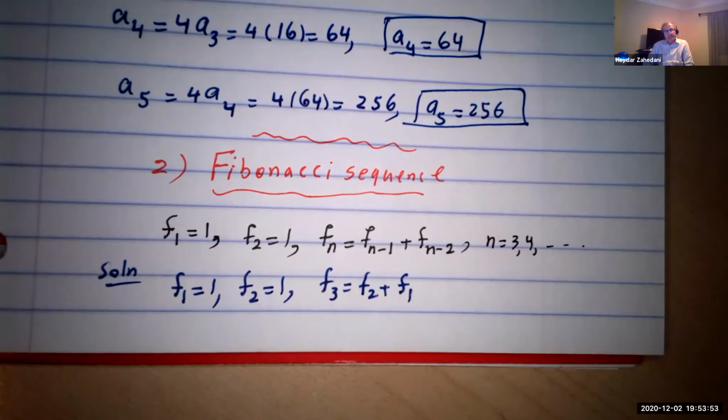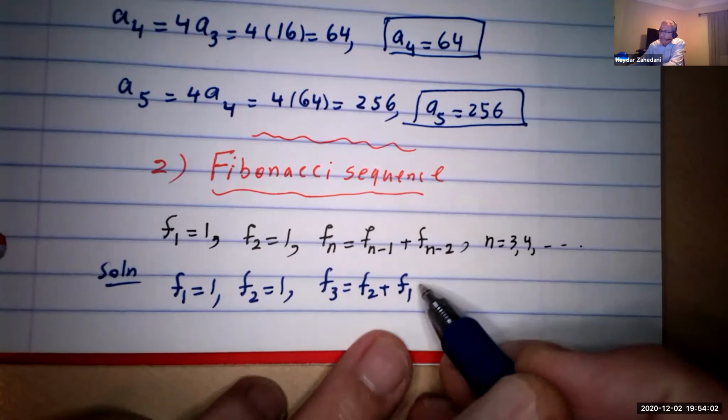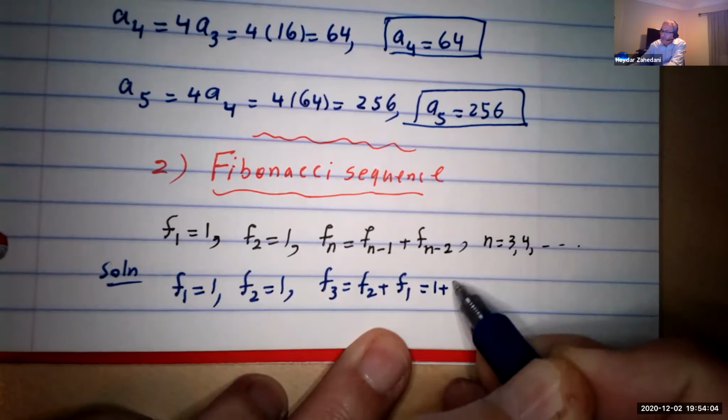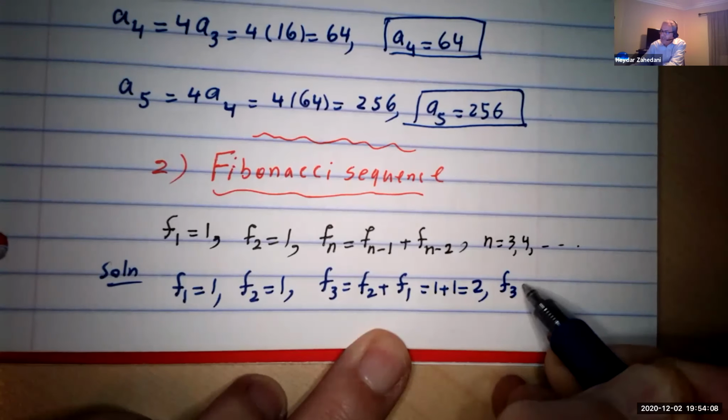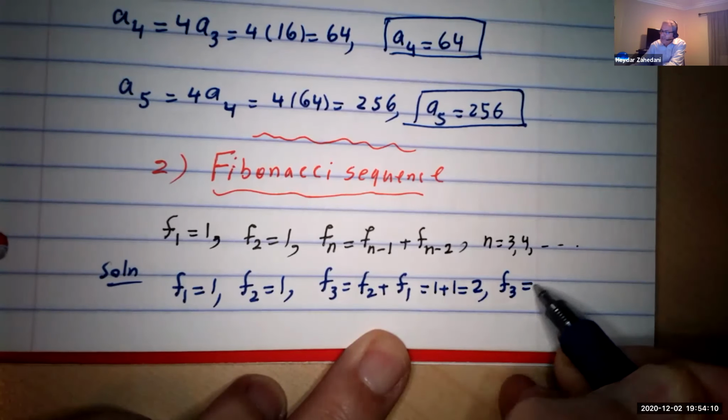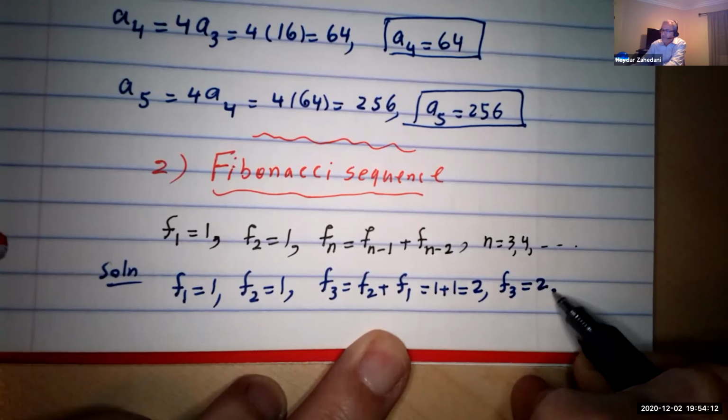So F3 is the sum of the two previous ones, the second one and the first one. Now we have F2 and F1, which are 1 and 1. So 1 plus 1 would be 2. So the third term of the Fibonacci sequence is equal to 2. Any question?